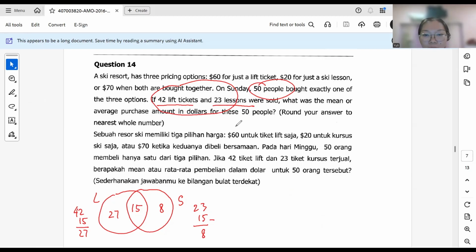So 60, right? For the lift ticket is 60. And then 15, 70. And then 8 people only skiing.